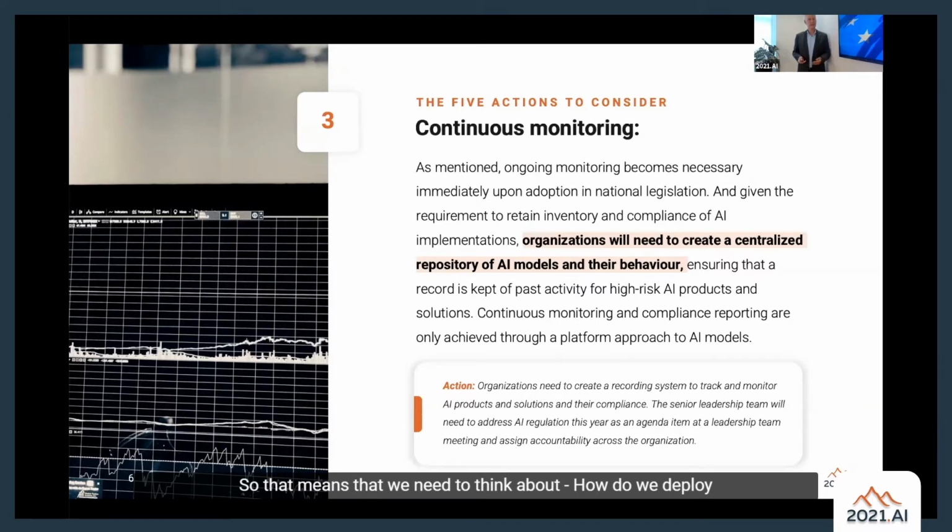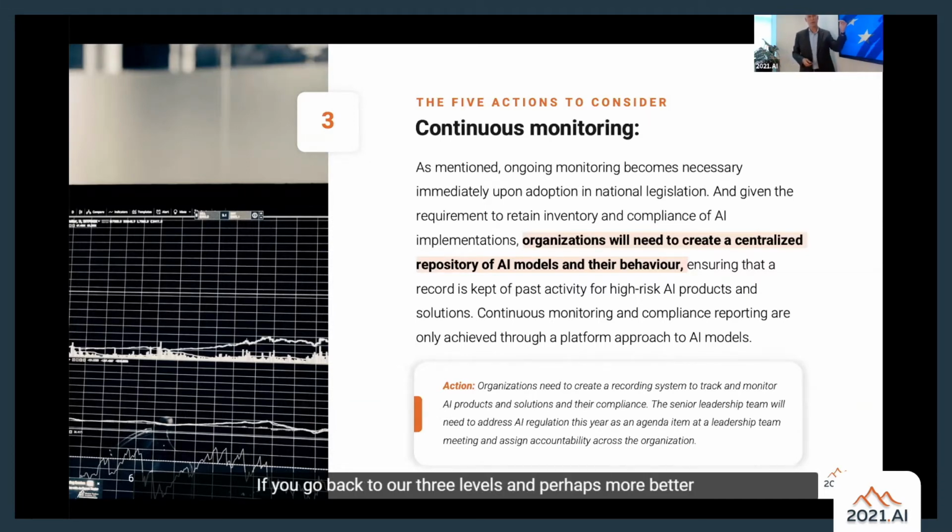So that means that we need to think about how we deploy a centralized repository that doesn't only keep an asset inventory of what was bought, but also contains a continuous way of monitoring these environments so that we know whether or not they changed.